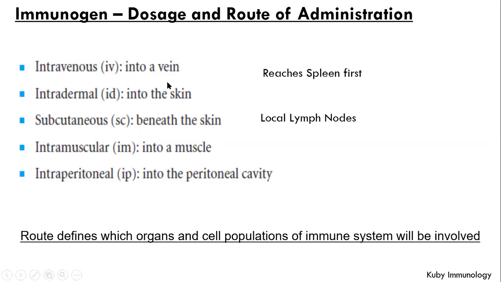For example, an antigen given intravenously quickly goes and first reaches the spleen, and we know what immune lymphoid organs and immune cells are present in the spleen. Subcutaneously, it goes to the lymph nodes, specifically targeting a specific immune cell. That's why the route defines which organs and cell populations of the immune system will be involved. That is important for administration.